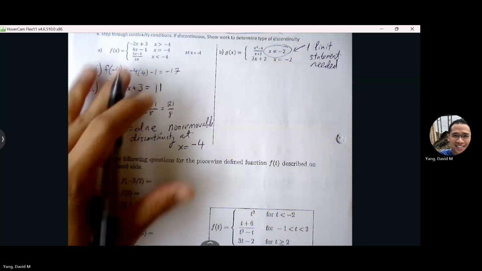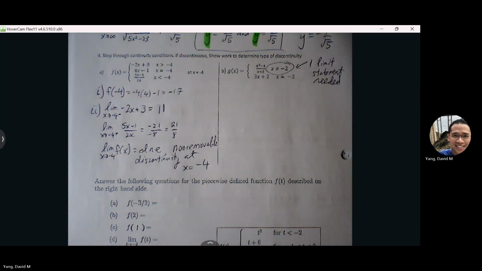Part B, that doesn't equal, so it means only one limit statement needed. When you got 11, how do you know you're not multiplying the -2 by the -4?